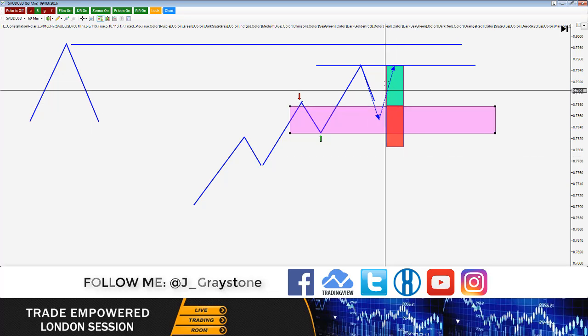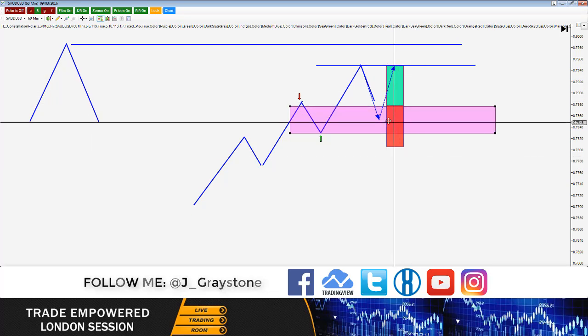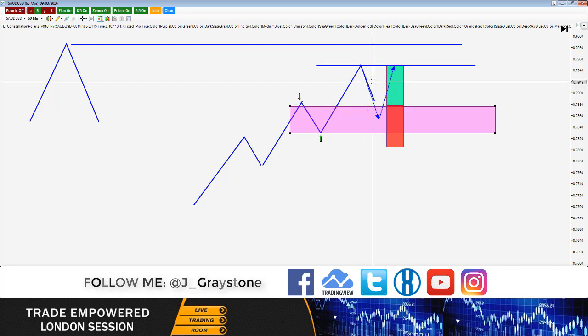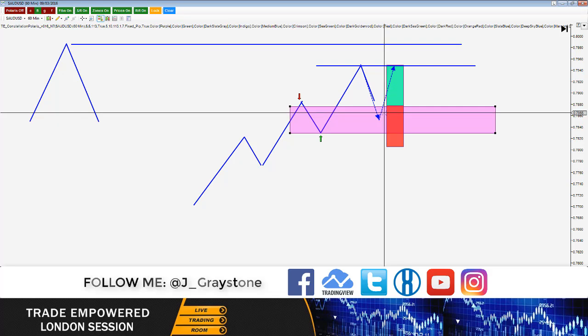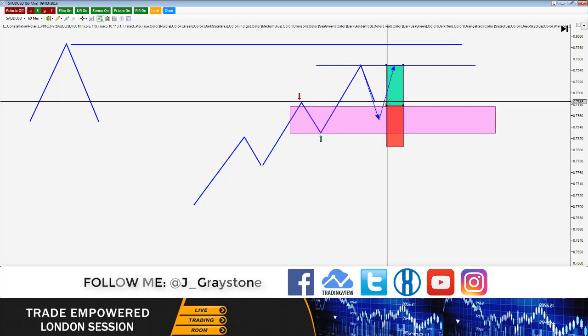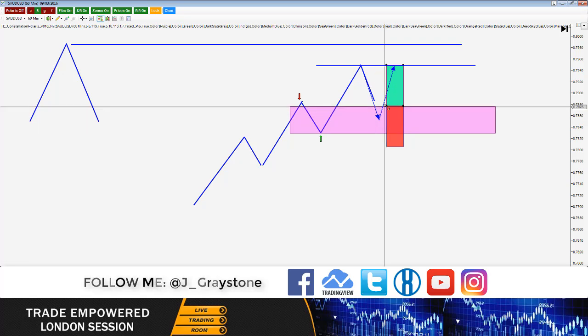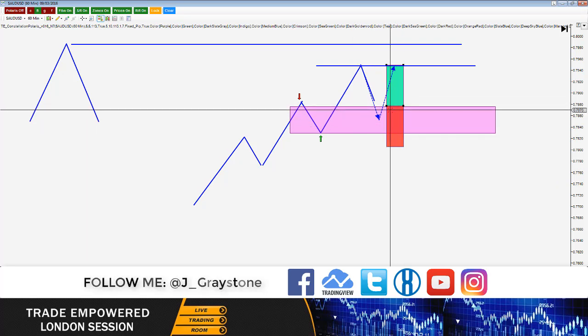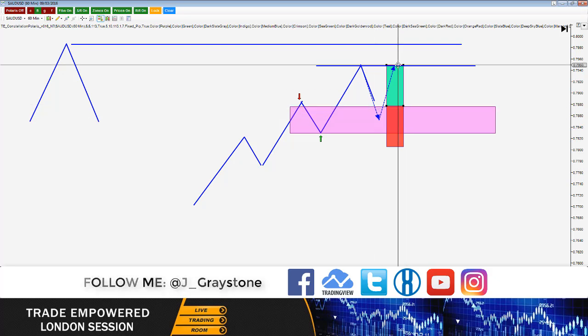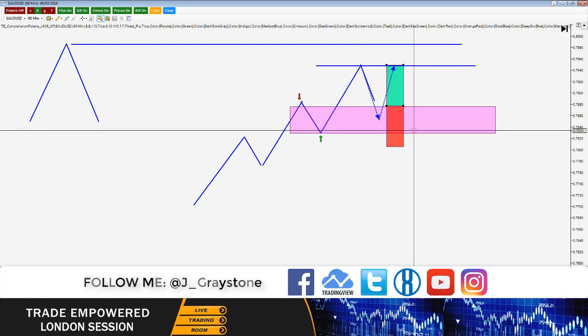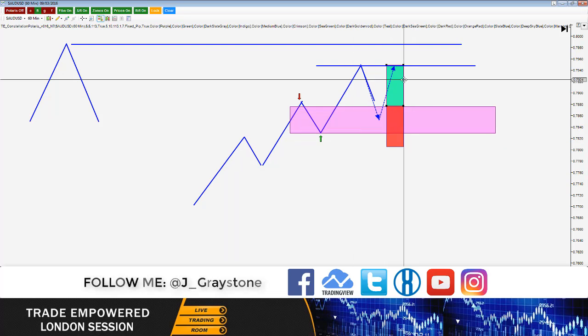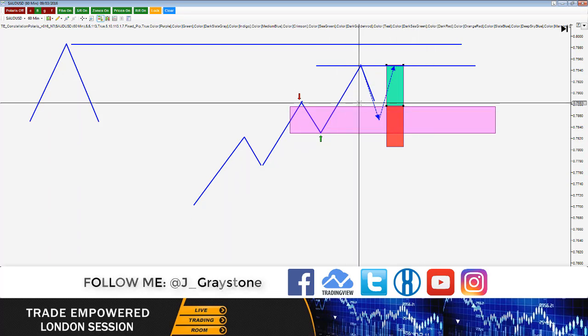Okay, obviously I prefer more than a 1-to-1, but as a minimum 1-to-1, typically it is more because we push into this zone and we get a high closed candle in here somewhere, which brings the risk reward something like this. Okay, but this is the minimum area that I want to get involved. And I know that I'm right more than I'm wrong, and when I win more than I lose when I'm wrong. Okay, so that's the type of trade that I want to get involved with.